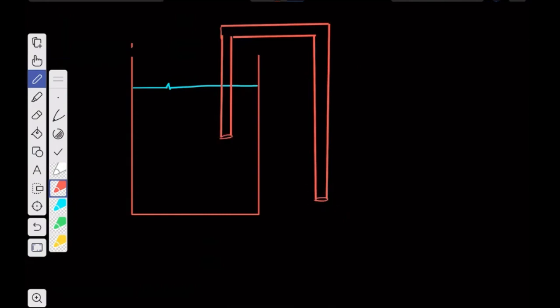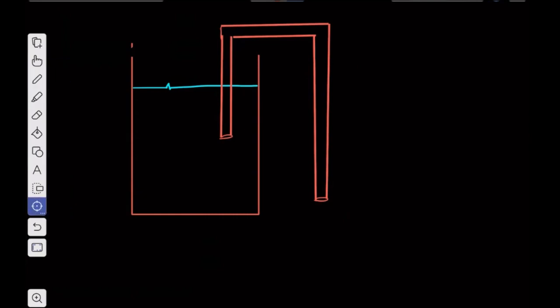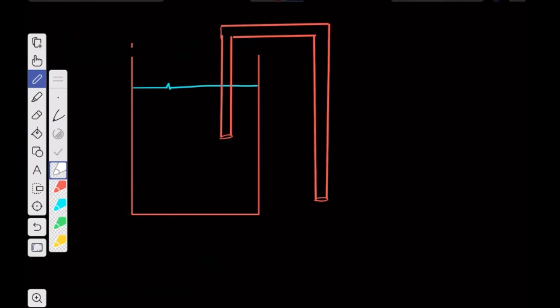And the other end, whichever is outside, its level is below the end which is inside the water. Suppose the end inside the water is A, and the end B is outside. The end B is having height lower than the height of A. So again, I will consider two cross sections.